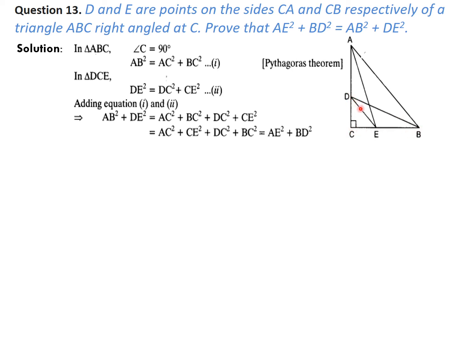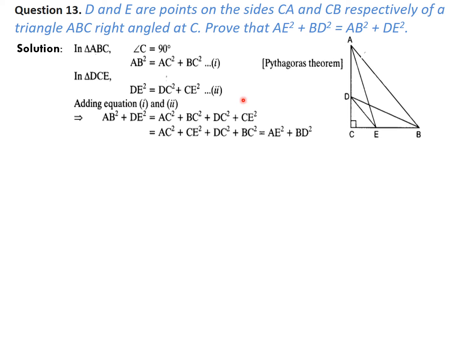And again, DE is the hypotenuse of the triangle DCE and AB is the hypotenuse of the triangle ABC. Now, in triangle ABC, angle C is 90°. Therefore, AB square is equals to AC square plus BC square. Again, in triangle DCE, a small triangle, we can write DE square is equals to DC square plus CE square.